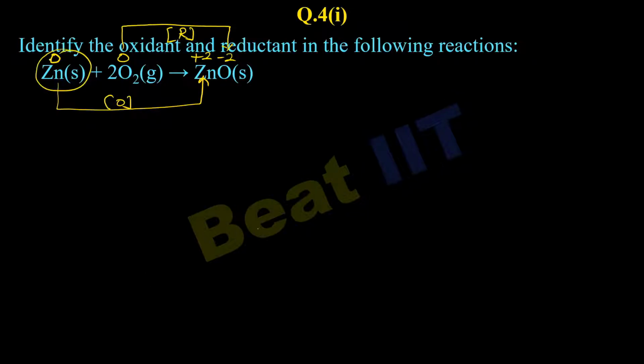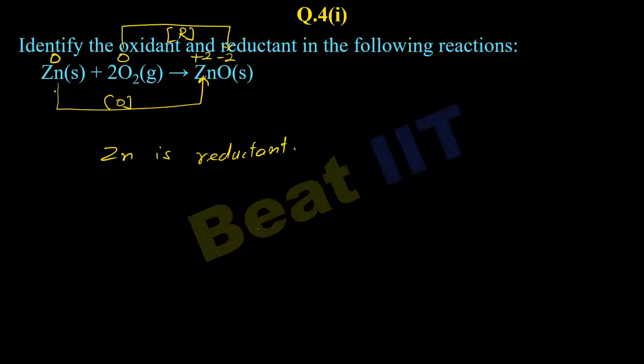Zinc is oxidized. It means zinc is reductant. It is oxidized by what? It is oxidized by oxygen. It means oxygen is oxidant. Oxygen is reduced. Oxygen is reduced by what? By zinc. So that's why zinc is reducing agent. Zinc is reductant.